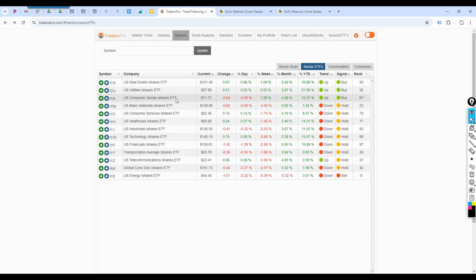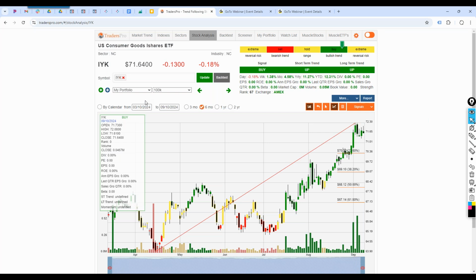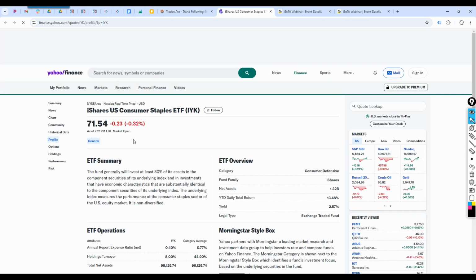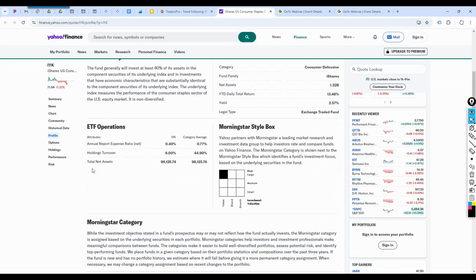And let's take a look at that last one, which was consumer goods. Your Walmarts. And remember the other way to look at this, if you want to know what is comprising some of these sectors, one way to go is just to go out here to news, which takes us out to Yahoo Finance, and then that profile is going to show the holdings.